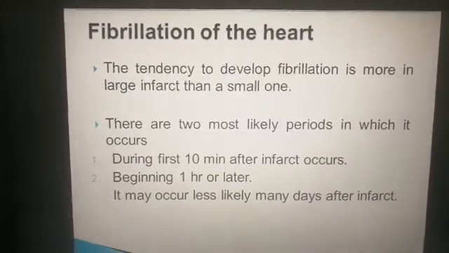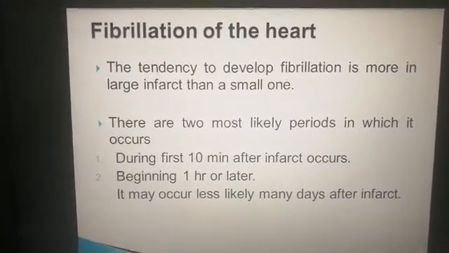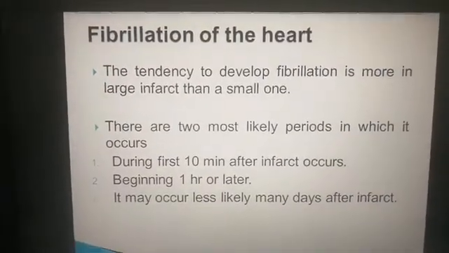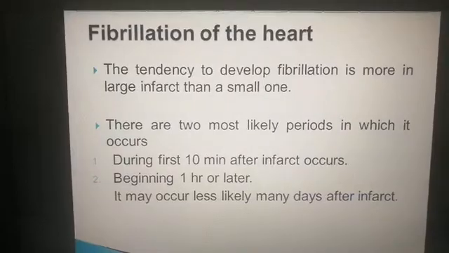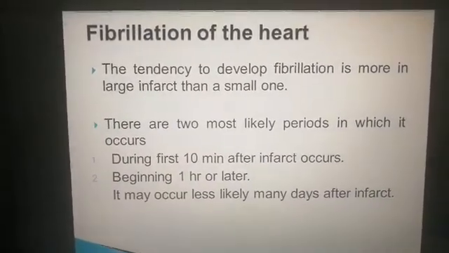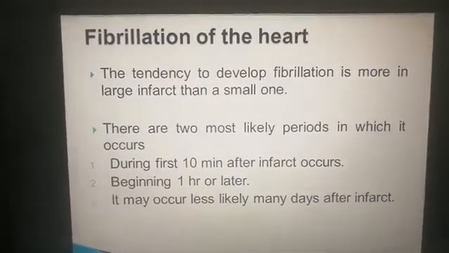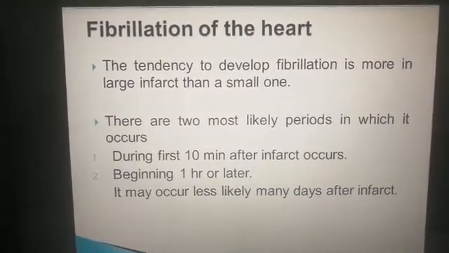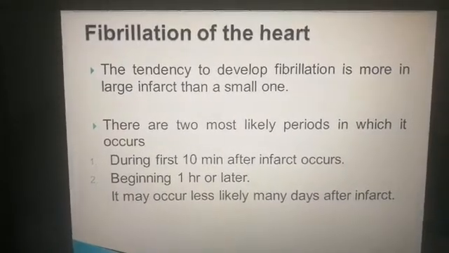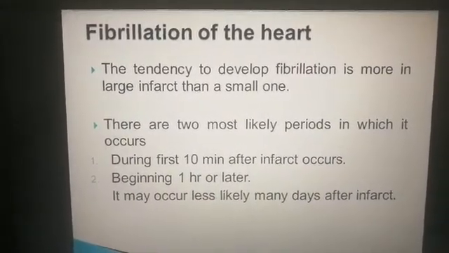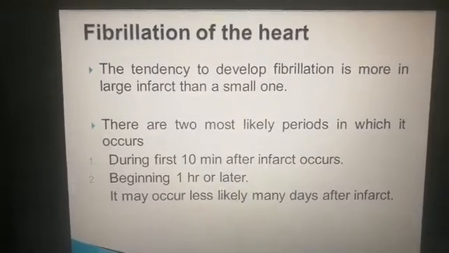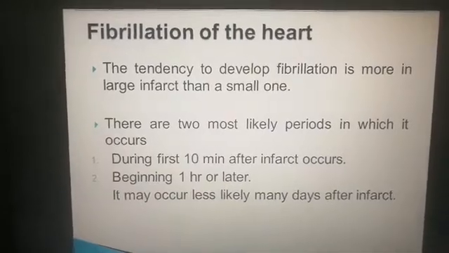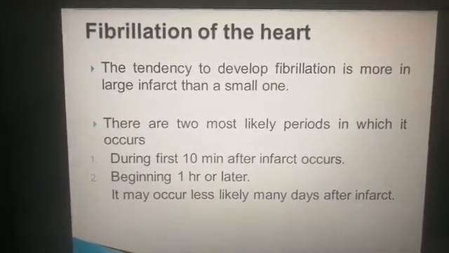Fibrillation of the heart. Fibrillation is the circus movements that occur due to irritation of the heart, in which the heart can vibrate at a far greater rate than normal. The tendency to fibrillate is greater in larger infarcts than in small ones. There are two most likely periods in which it occurs: during the first 10 minutes after the infarct occurs, and at the beginning of 1 hour or later.